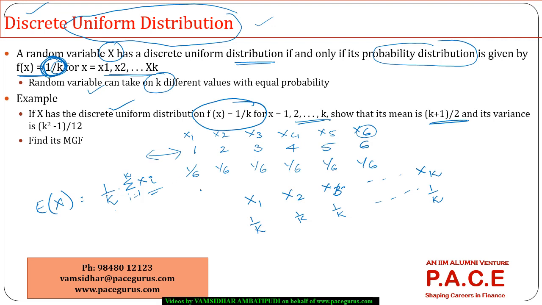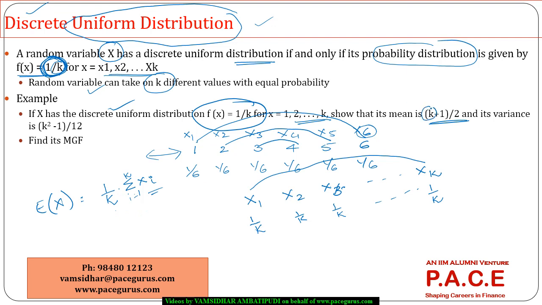So sigma xi is what gives the expected value. Now if you look at the first term plus the last term, these are uniformly distributed. In this example also, 1 plus 6 is 7, 2 plus 5 is 7, 3 plus 4 is also 7.